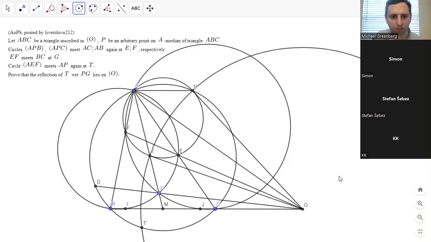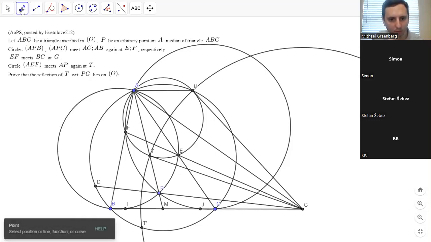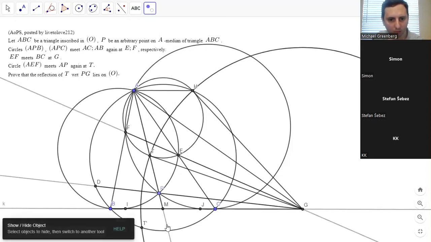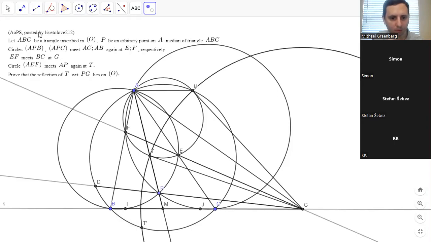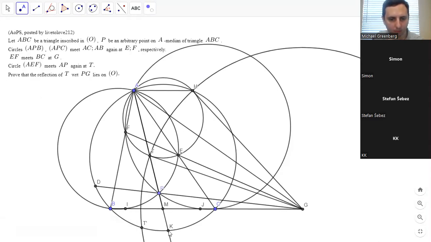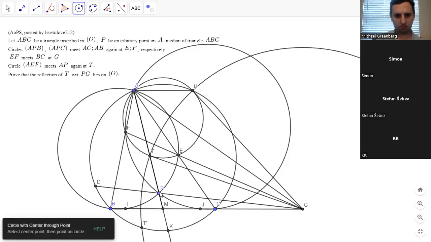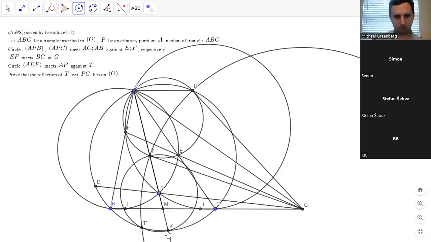Intersect AM with ABC. Now PK is equal to PT is equal to PT prime. Oh, really? Looks like. Interesting.